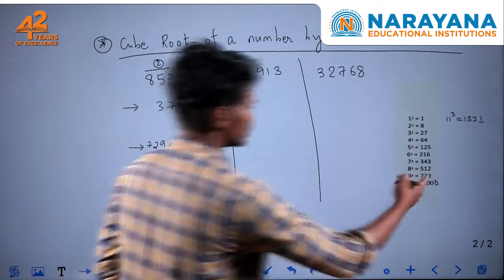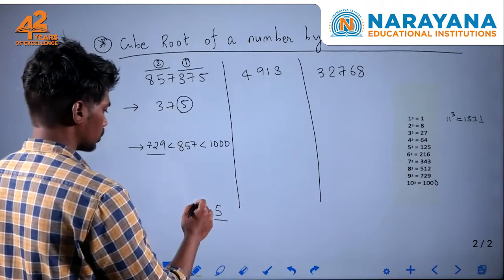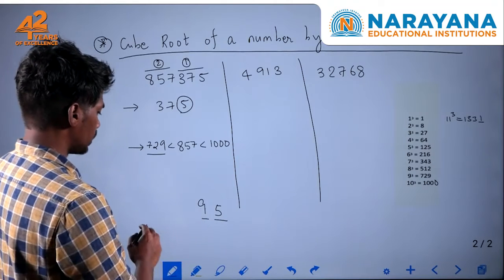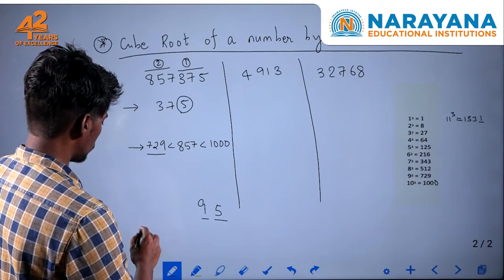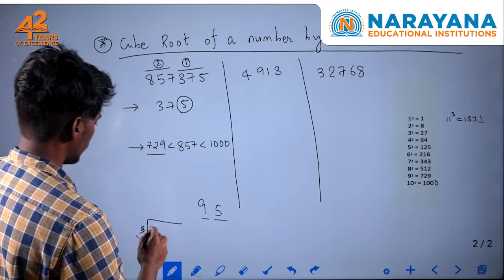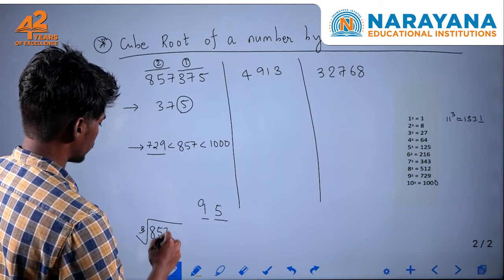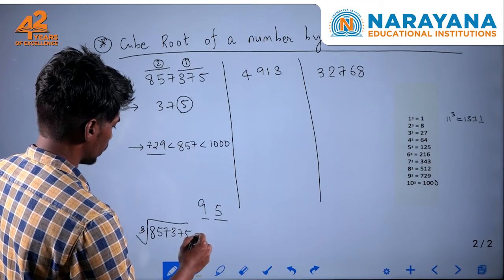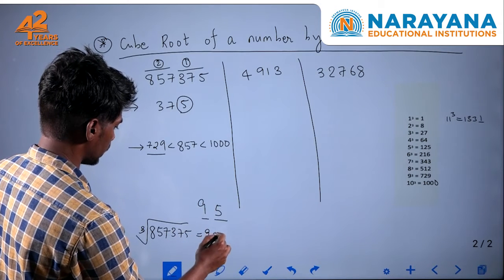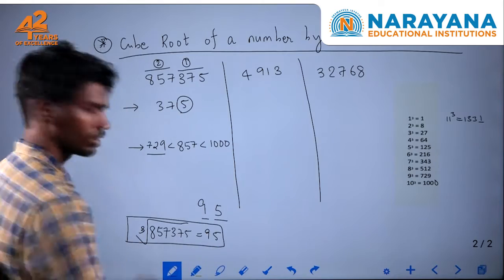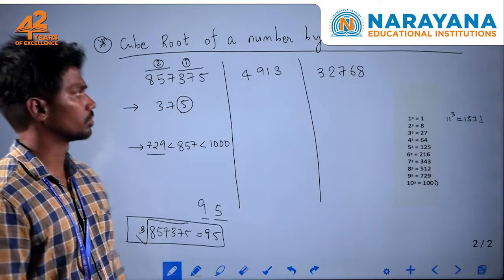So 729 is cube of which number? 9. So your tens place is 9, and the answer is 95. Therefore we can conclude the cube root of 857,375 will be equal to 95. This is the estimation method.